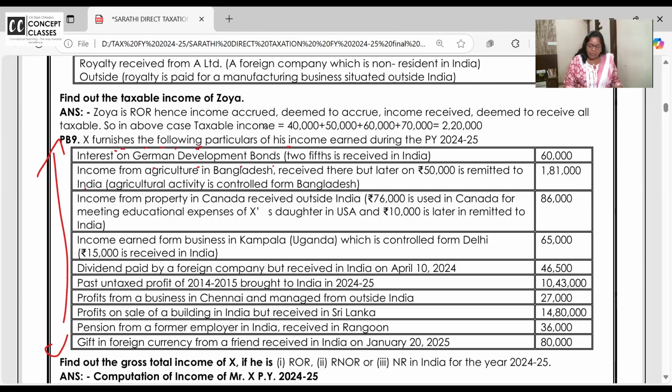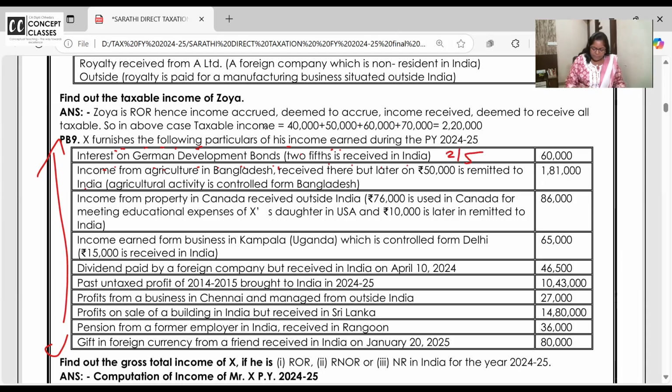X furnishes the following particulars of his income earned during the previous year 24-25. Interest on German development bonds, 2/5 is received in India.